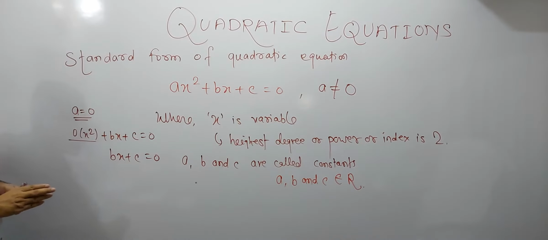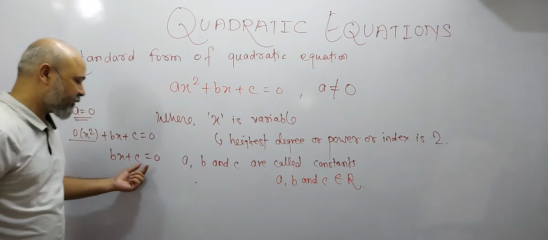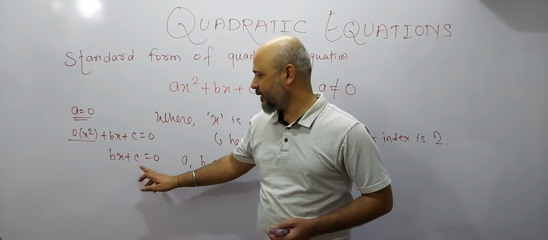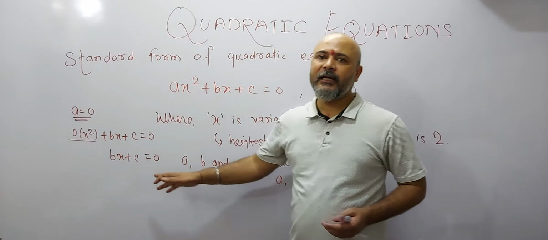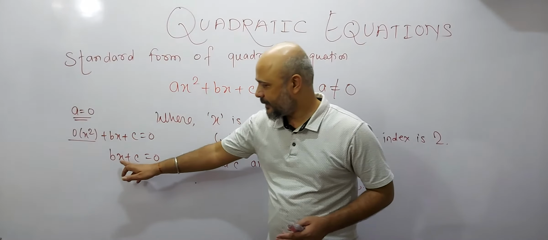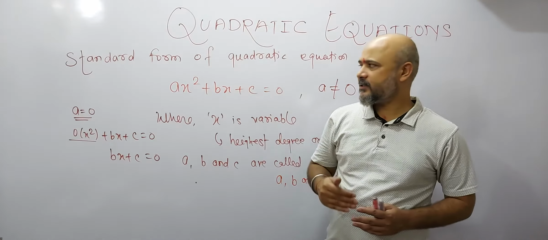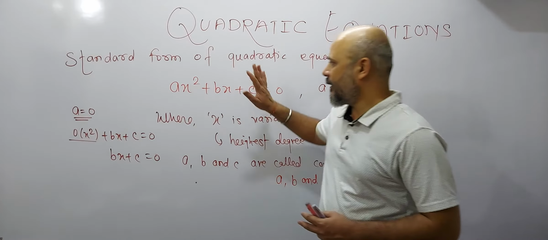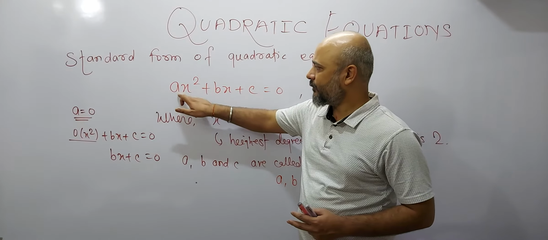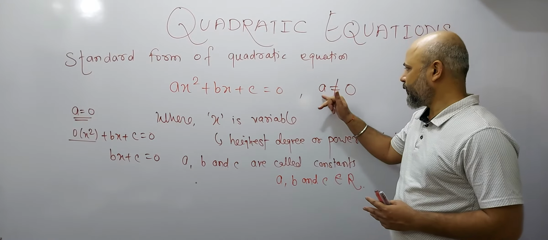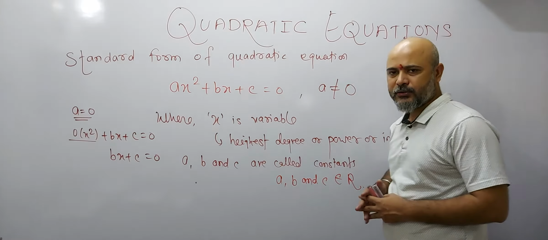This is an equation, but this is not a quadratic equation. This is a linear equation in one variable, and here the degree of the variable x is 1, therefore this is a linear equation. We are studying quadratic equations, and for that the value of a should not be equal to 0. Therefore the condition is given, a is not equal to 0.